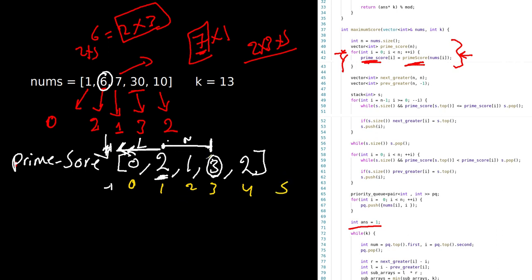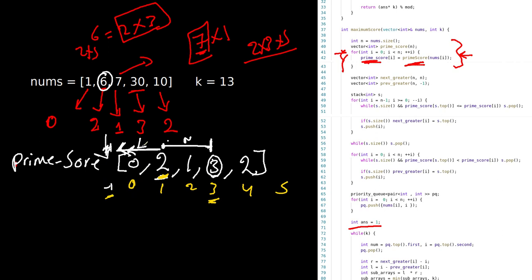Now the first element that is greater than 2 is at index 3, and the first element that is equal or less than 2 on the left is at index -1.